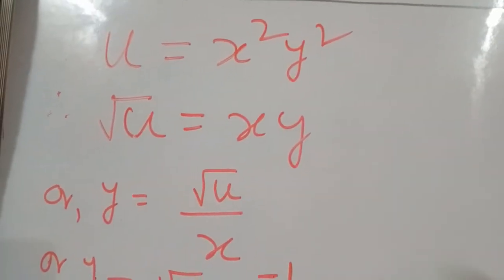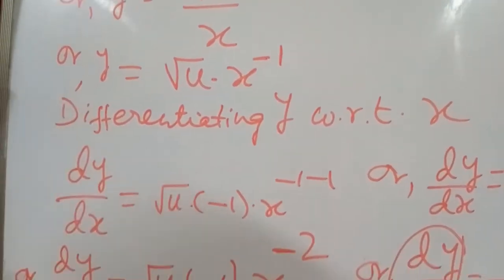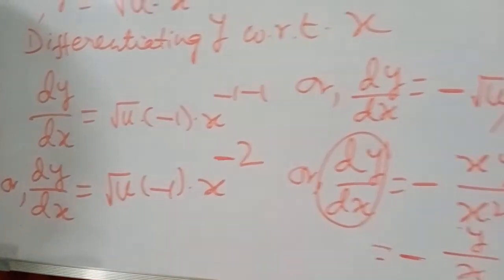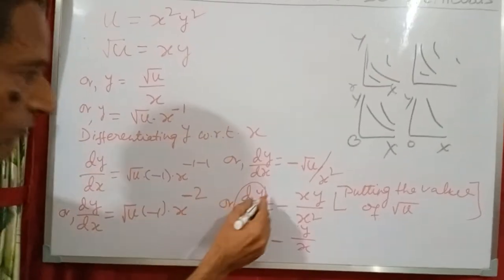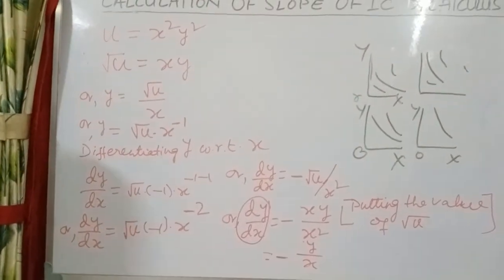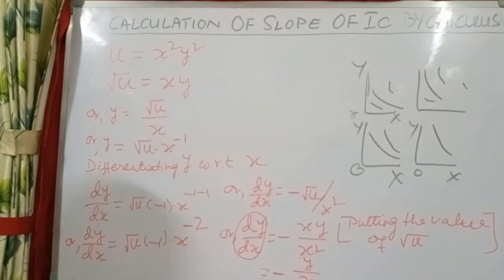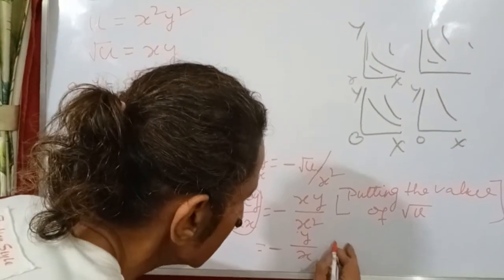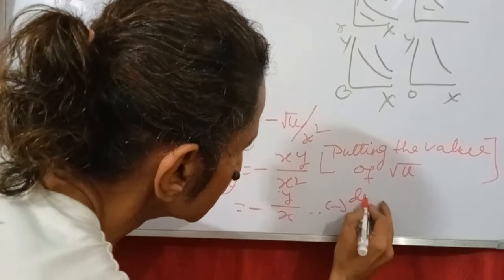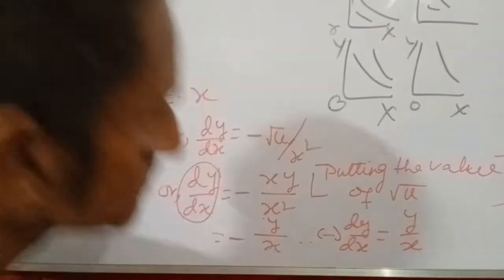Now since indifference curve slopes downward as the consumer purchases more of x, sacrificing y, dy dx is negative. For any negatively sloped curve, dy dx is negative. Therefore, minus dy dx is equal to y by x.